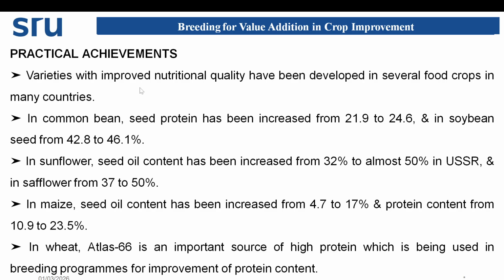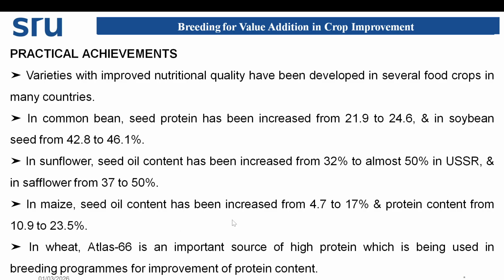Varieties with improved nutritional quality have been developed in several food crops in many countries. In common bean, seed protein has been increased from 21.9 to 24.6% and in soybean from 42.8 to 46.1%. In sunflower, seed oil content has been increased from 32% to almost 50% and in safflower from 37 to 50%.